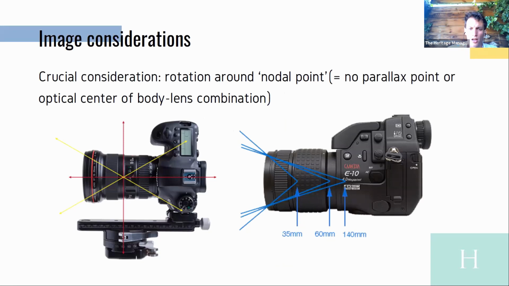Normally for large distances, if you make a panoramic photo of an object at large distances, the deviation between the rotation axis and the nodal point doesn't matter that much.